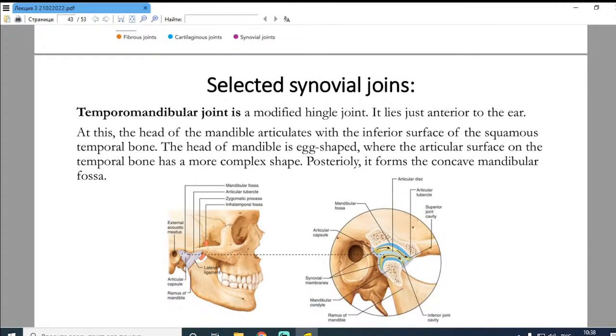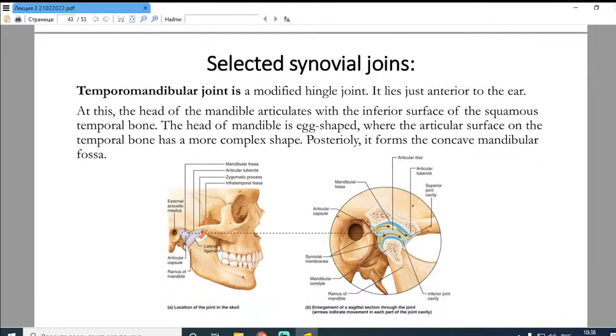Selected synovial joint, for example. The temporomandibular joint is a modified hinge joint.